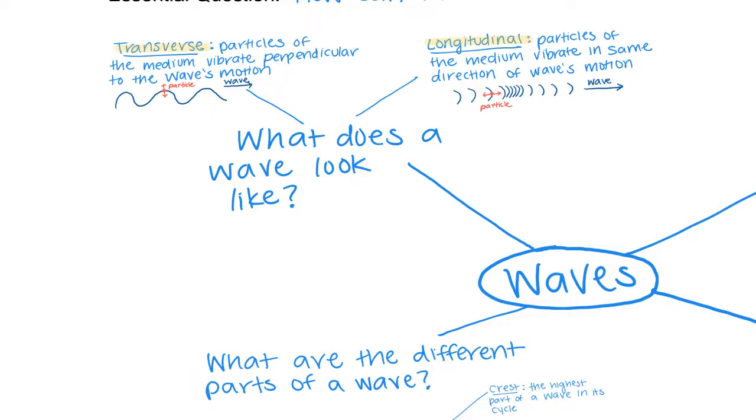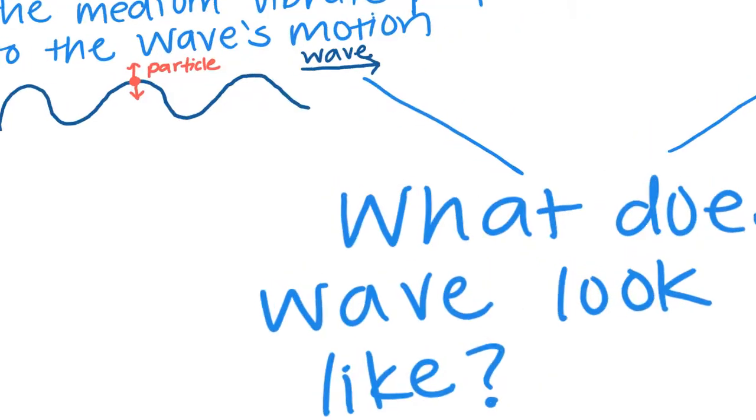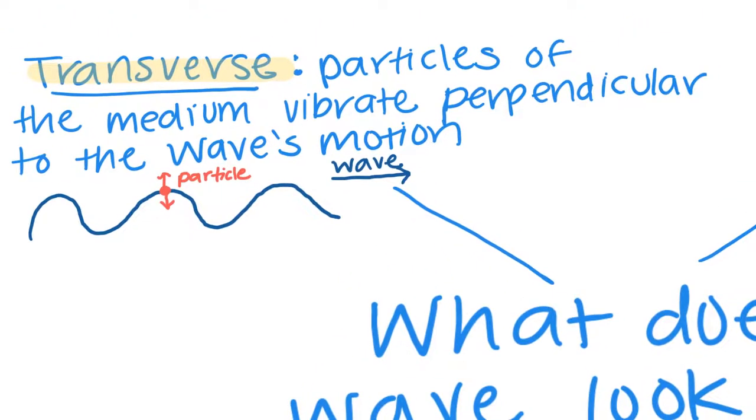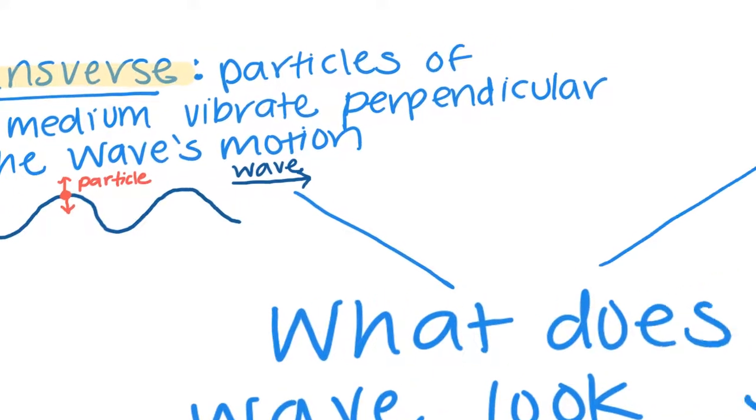But really what's going on is that the individual particles, and I will zoom in so you all can see this better, are actually just moving up and down, and they're oscillating. They're moving up and down at a standard speed, whereas the wave itself looks like it might be moving to the left or right. The particles are really only moving up and down. So that is what a transverse wave is.